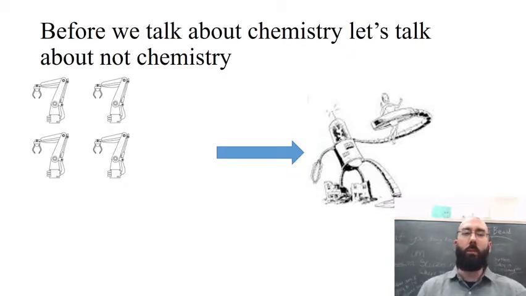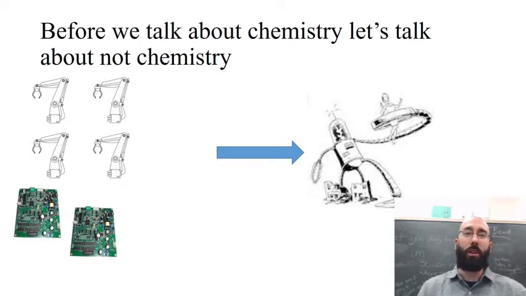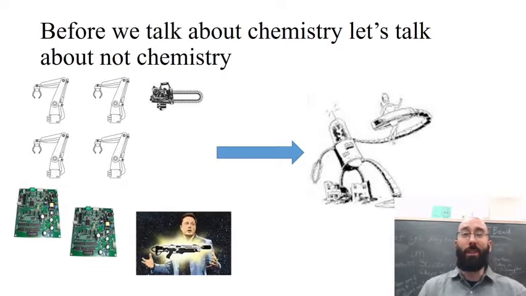We also need some other parts for our robot. We need some circuit boards, let's say 2 circuit boards. Besides arms and circuit boards, it's also probably going to need a cool-looking chainsaw. And to go along with this cool-looking chainsaw, we're also going to need a flamethrower.